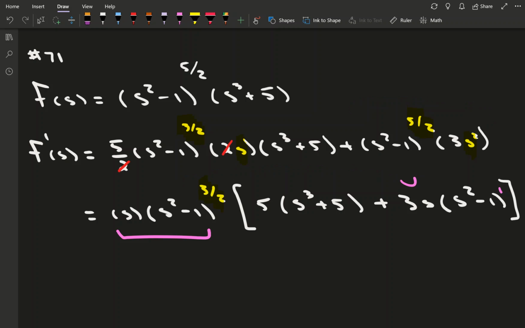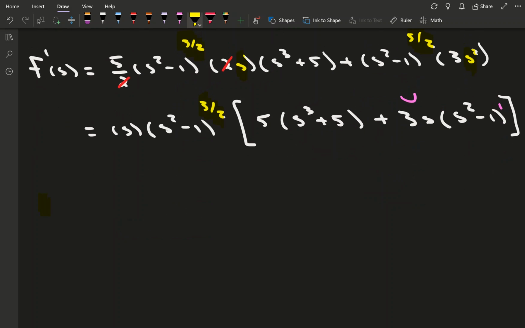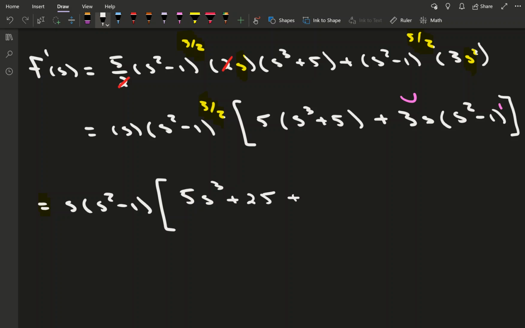Okay, and then we're just cleaning it up now. Let's see what would happen here. It's just a lot of tedious work. So we've got s times (s squared minus 1), and let's keep that big old bracket while we clean up the inside. 5s cubed plus 25 plus, now that was a power of 1, so you can distribute that, 3s cubed minus 3s.